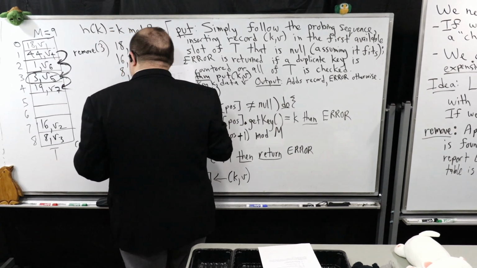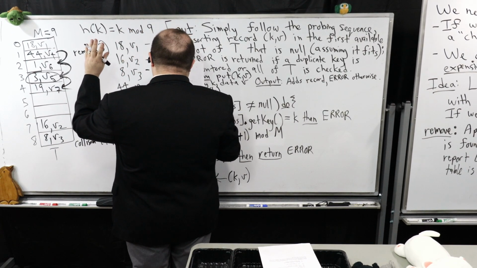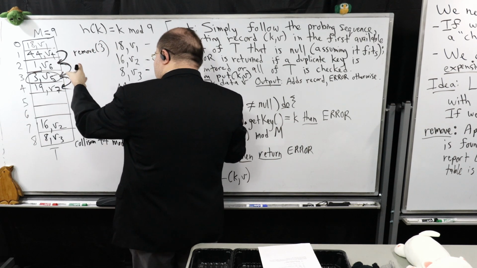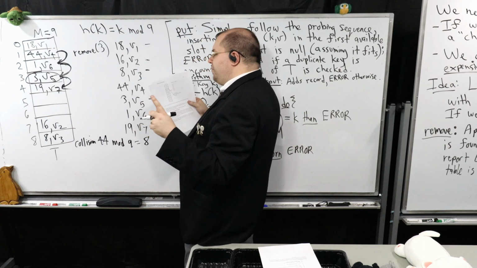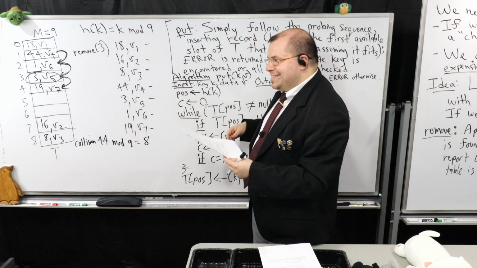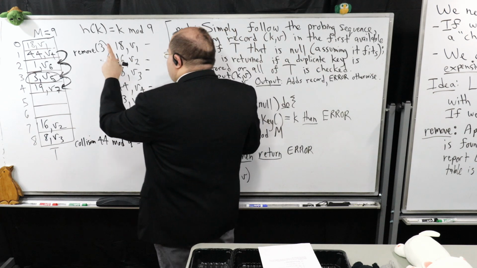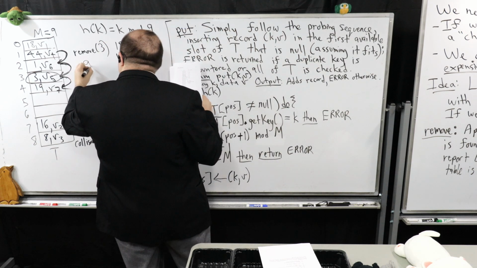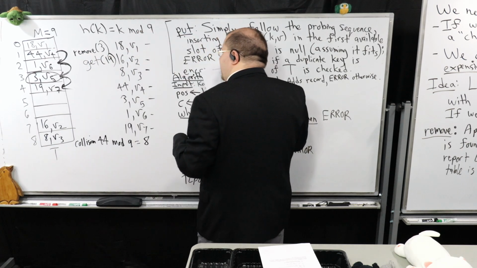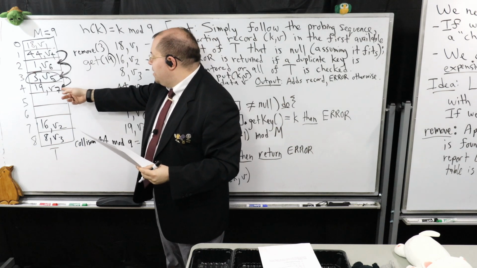Let's try doing it with remove 3. In the notes I remove a different key, but either way, two examples doesn't hurt, right? I'm going to first remove 3, and then I'm going to get 19. That means it should return V7.